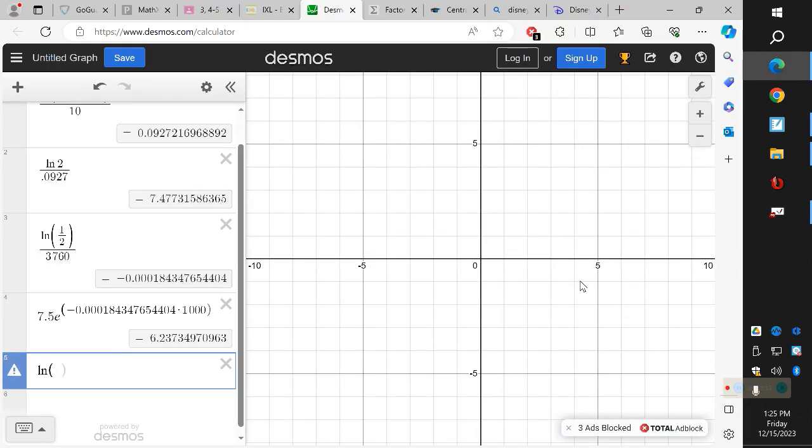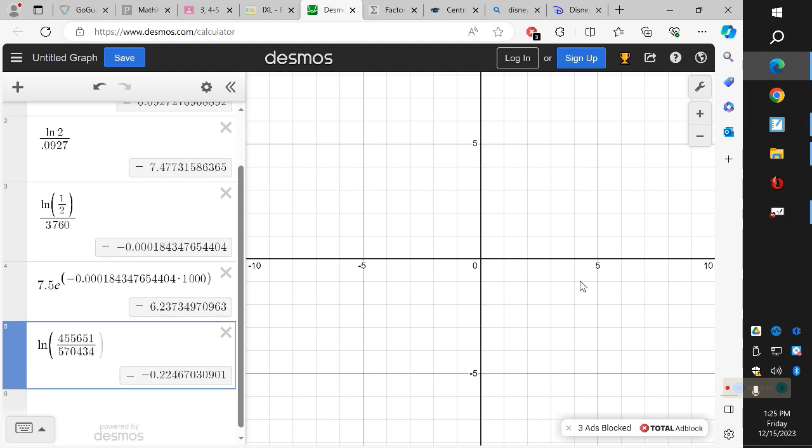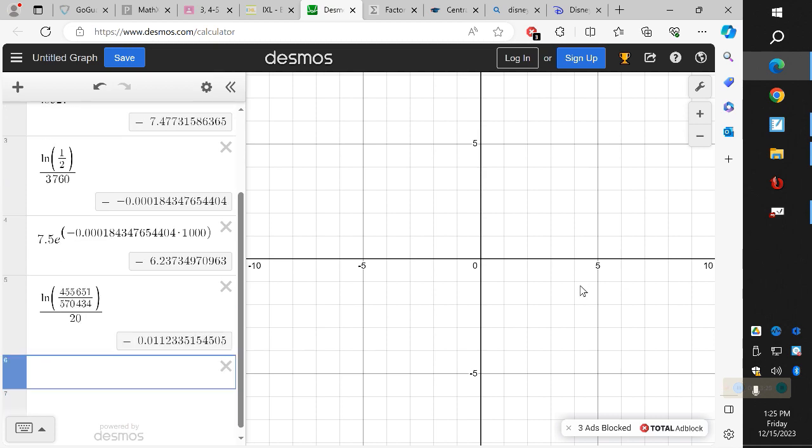So the ln parenthesis of 455,651, can I get a confirmation on that? Yep. Divided by 570,434? Yeah. Thank you. Dividing that by now negative 20. Why is my rate positive? Because it's inclining. Because we have an increase. And what percentage would that be? About 1%.